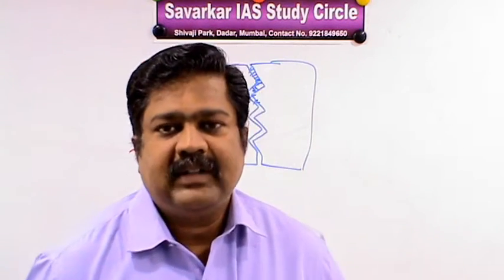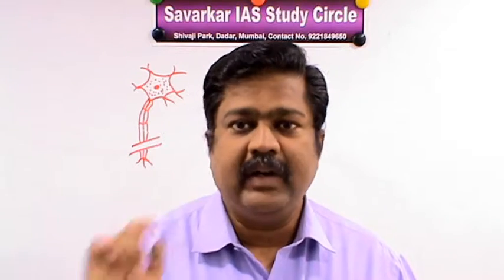But heartbeats or blinking of our eyelids, all these things are actually involuntary. So certain actions in our body are involuntary, certain actions are voluntary. Out of that, involuntary actions are controlled by the medulla oblongata.